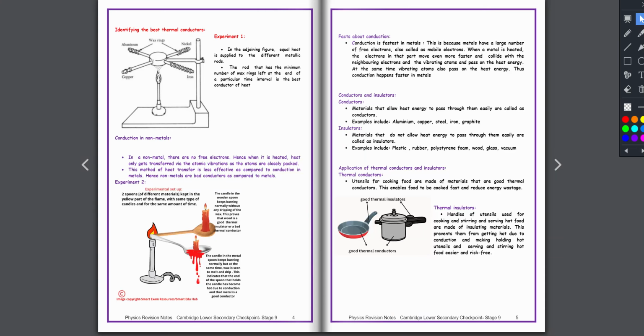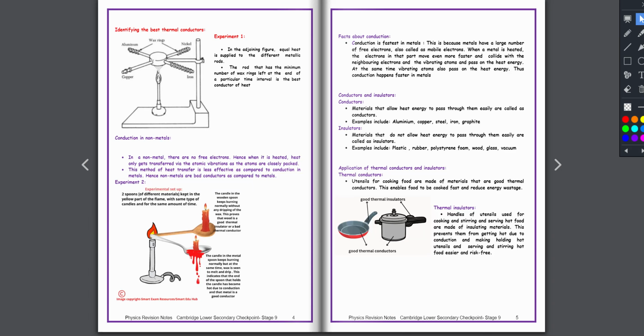The rod that has the minimum number of wax rings left after a particular time interval is the best conductor of heat. Okay, since it is a science experiment, you need to do a fair test. Equal amount of heat is supplied to different rods.